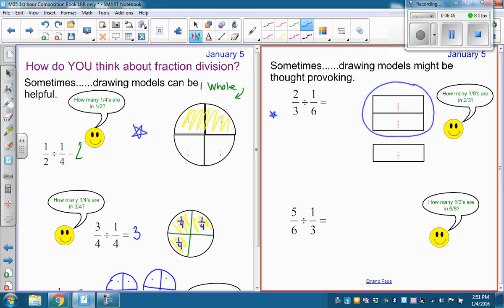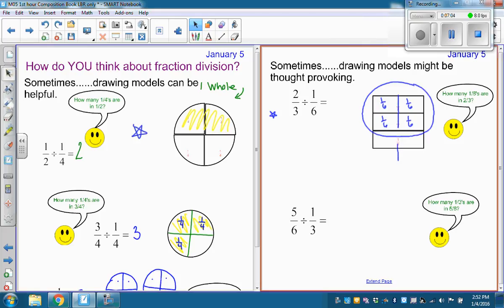So if I wanted to take that original piece and divide it in halves, each one of these is a 1/6. Because remember, this was all part of a whole.